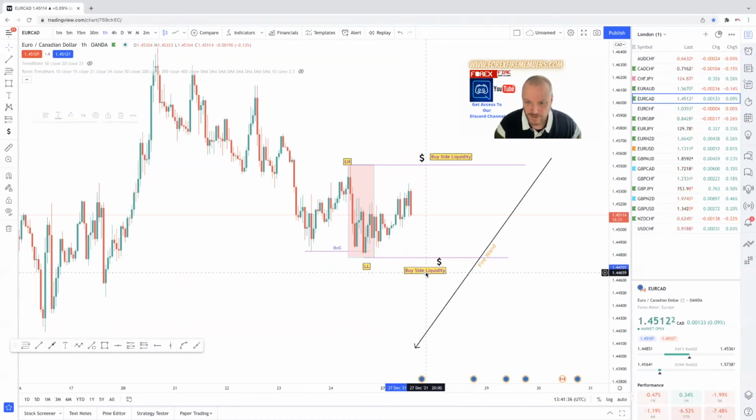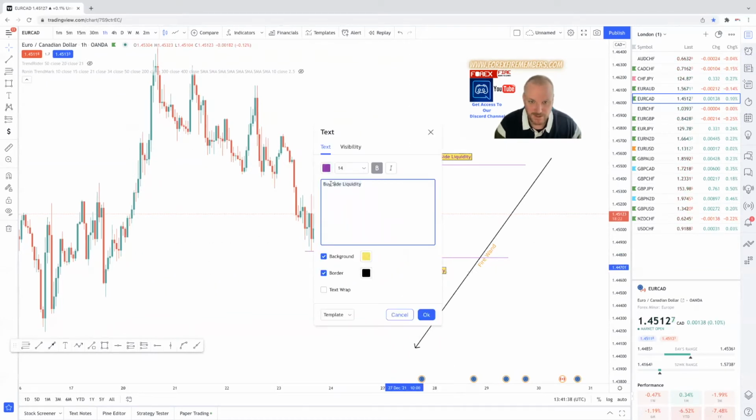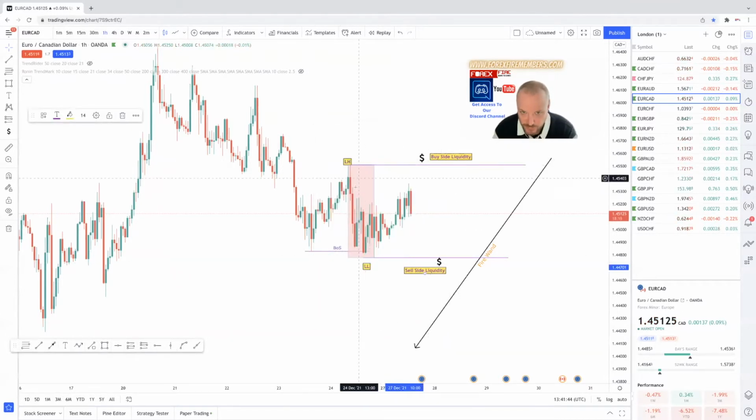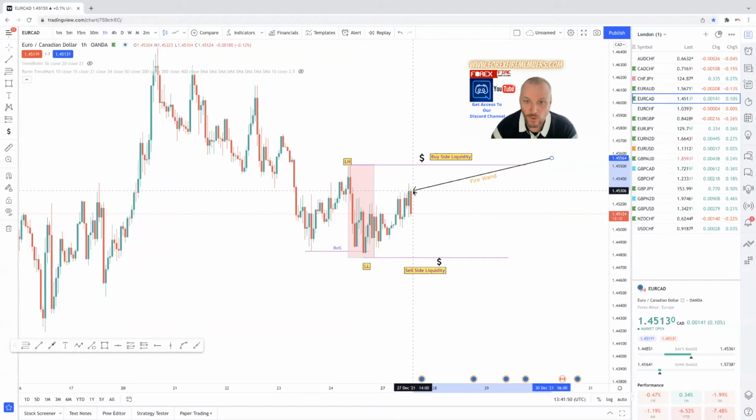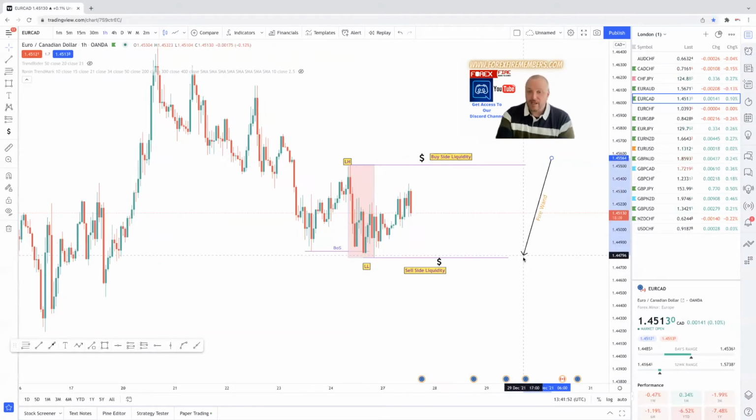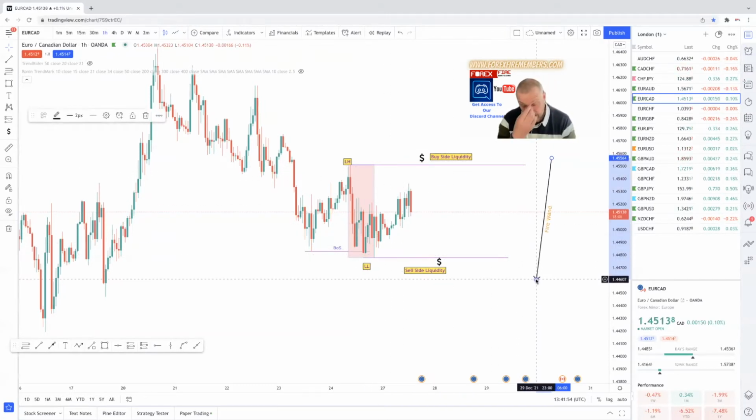This underneath would then be known as the sell side liquidity. So this is contained within its range. And once we get a breakout of either the lower low or this higher high, we then have that breaker structure and then a possible move on structure.